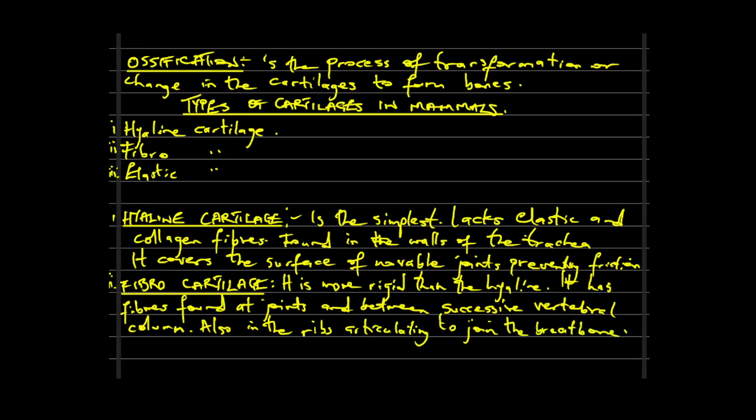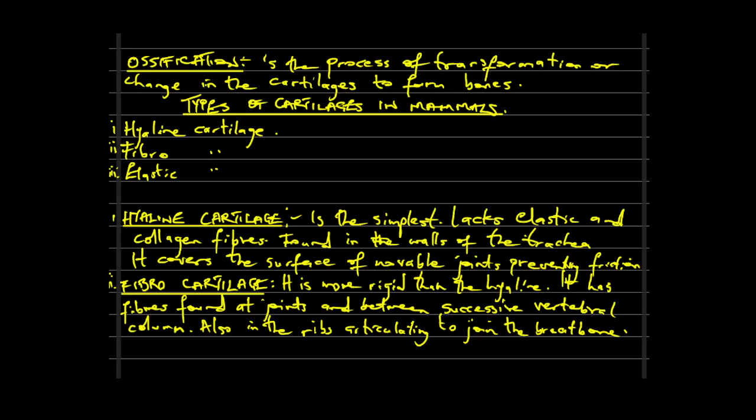That is another function of the fibrocartilage. So like I said, it is responsible for preventing the bones in the joints from rubbing on each other. Also, it is found at the successive vertebral column, and for articulating the ribs to join the breastbone.